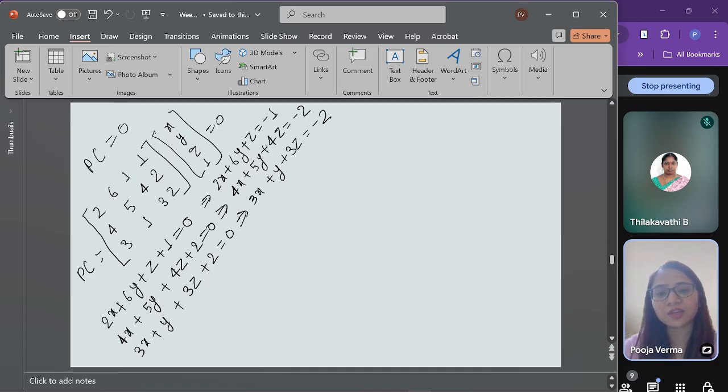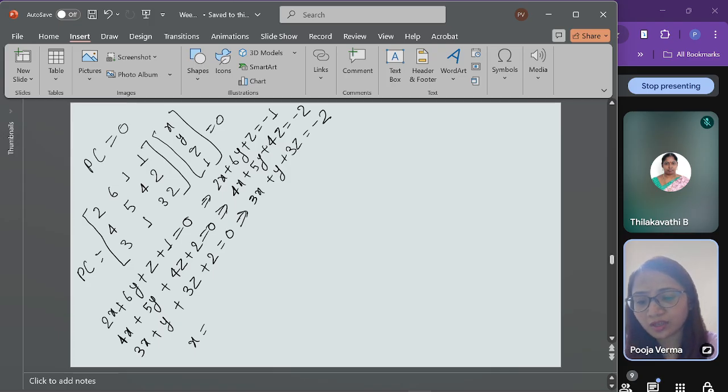The other way we can solve for the x, y, z values is by taking the 3 cross 3 minor matrix also.